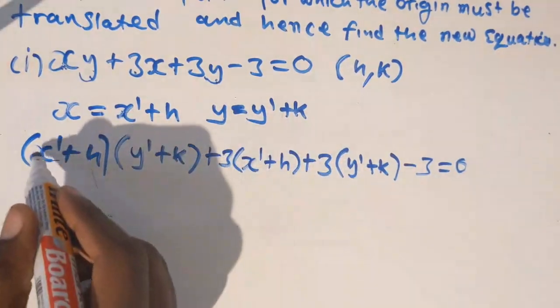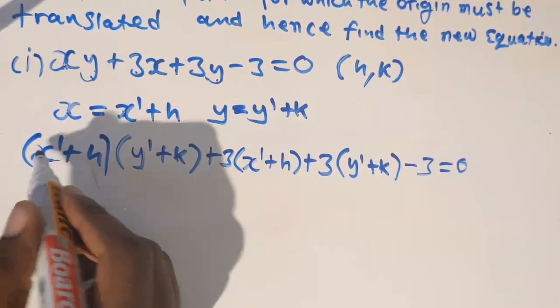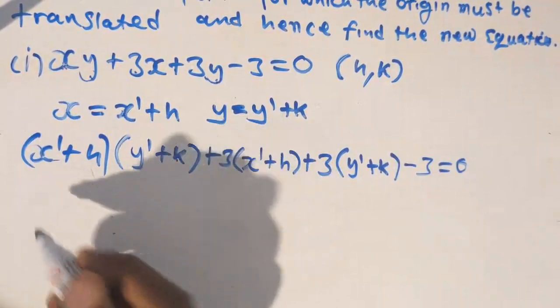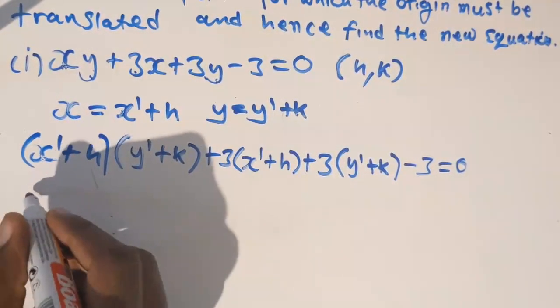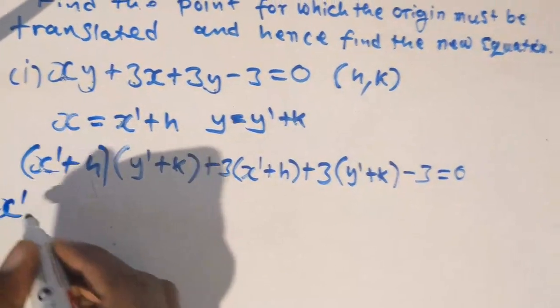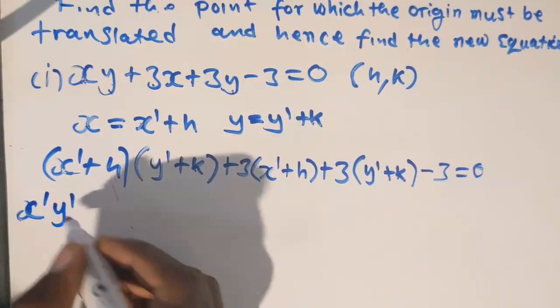So how do you do that? You multiply the x prime by everything, then you come to h by everything. x prime multiplied by y prime will be x prime y prime.